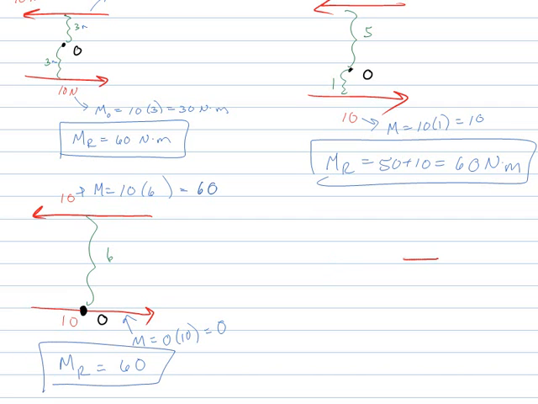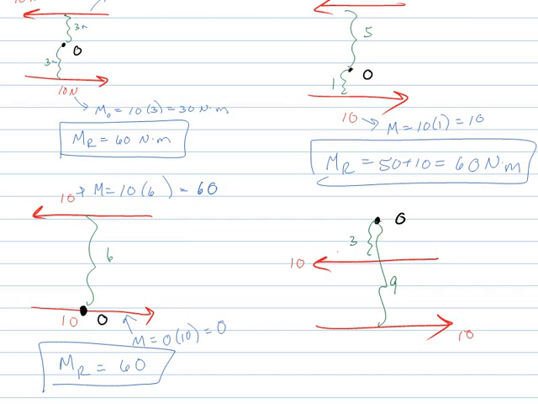Now here, I'm going to do something totally crazy. I've still got 10 and 10, but I want to take the moment from a point up here. So let's say that this distance now is, I don't know, 3. So that makes this distance here, plus the original 6, 9.